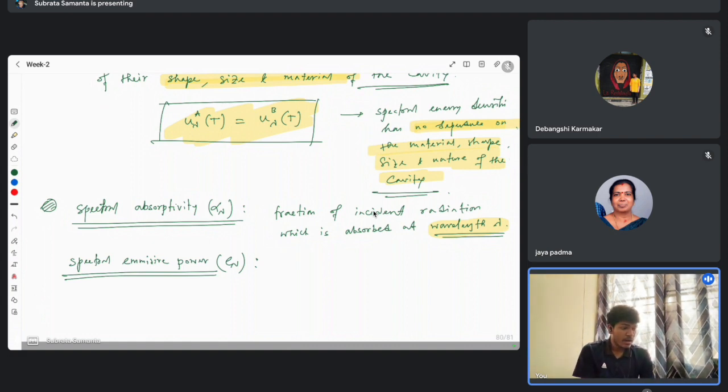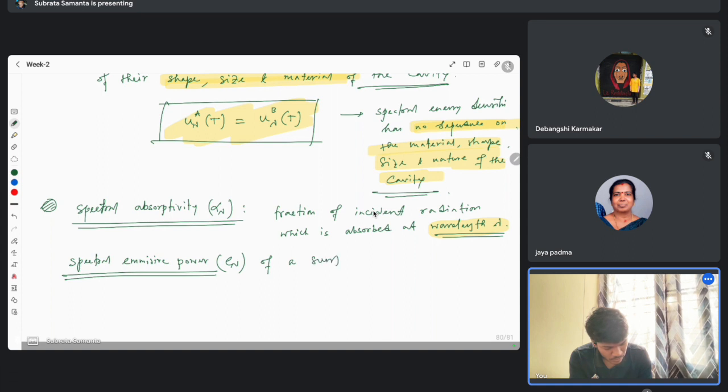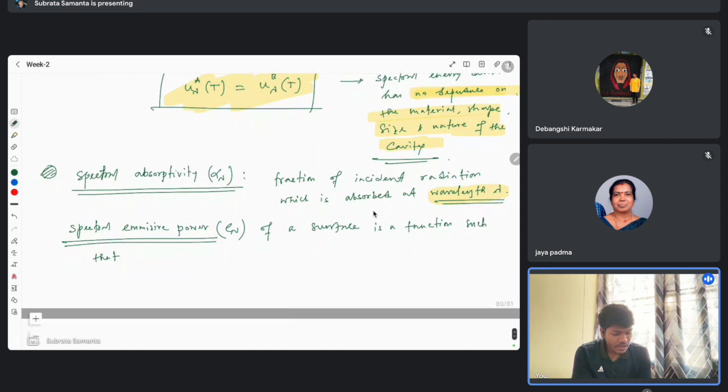The spectral emissive power of a surface is a function such that E lambda d lambda is E lambda times the wavelength range, lambda to lambda plus d lambda.